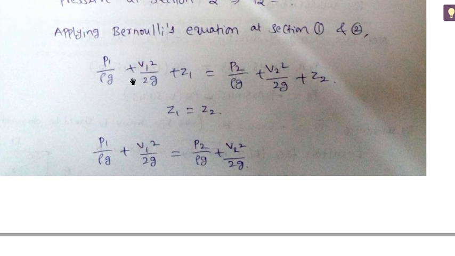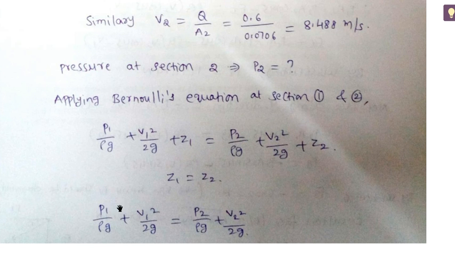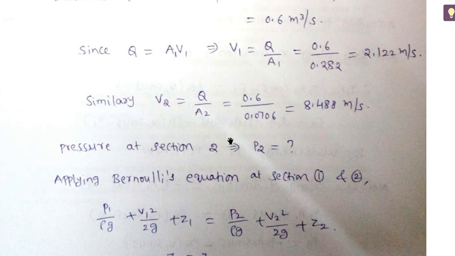So this is P1 by rho g plus V1 square by 2g plus Z1 equals P2 by rho g plus V2 square by 2g plus Z2. Since point 1 and point 2 are almost at the same level, not exactly, but we can make a valid assumption that Z1 equals Z2, and finally it will become P1 by rho g plus V1 square by 2g equals P2 by rho g plus V2 square by 2g.